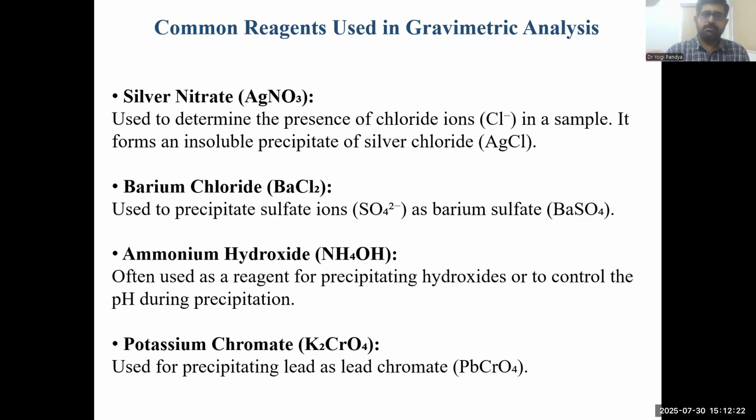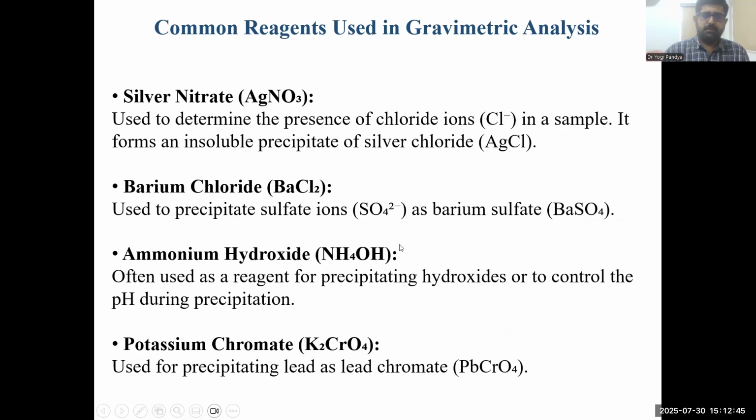Then some commonly used reagents in gravimetric analysis. Silver nitrate is most commonly used to precipitate the chloride ions present in the sample in the form of white colored insoluble AgCl precipitate. Secondly, barium chloride reagent is mostly used to precipitate sulfate ion into barium sulfate.